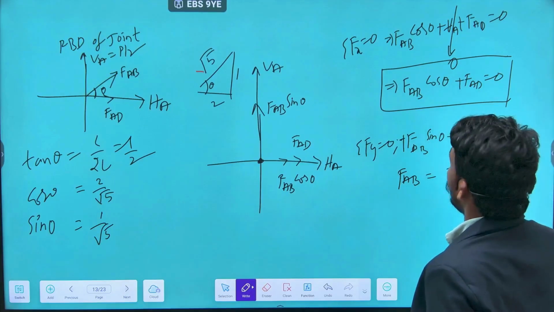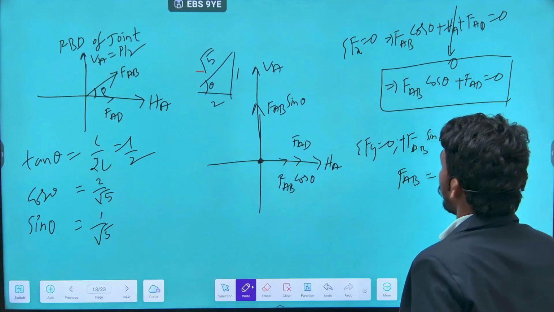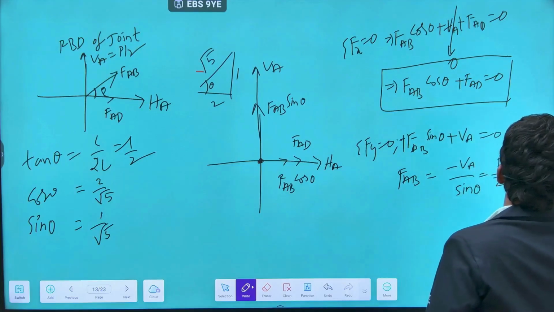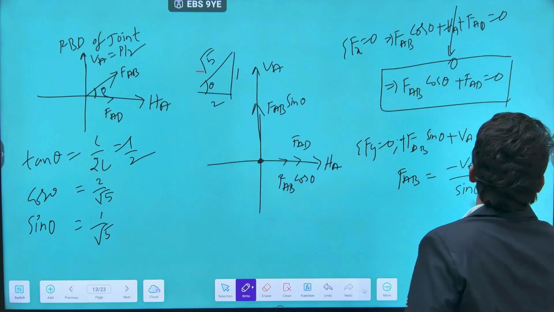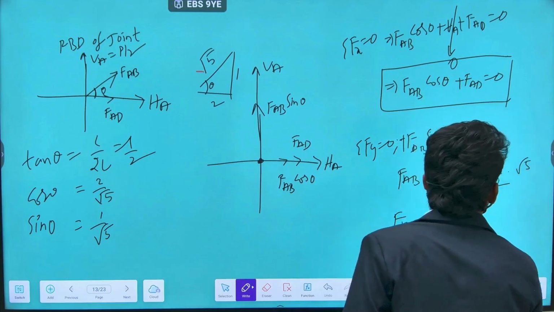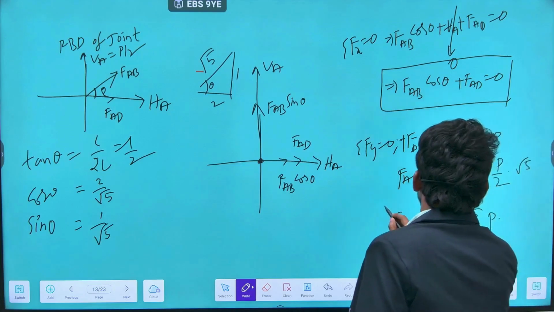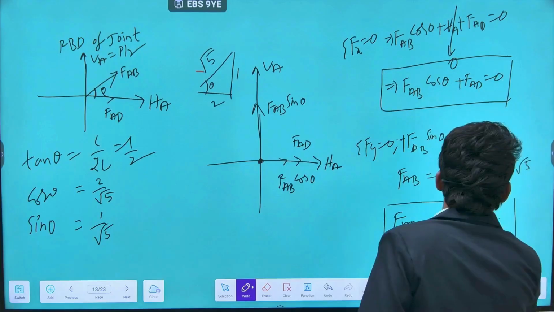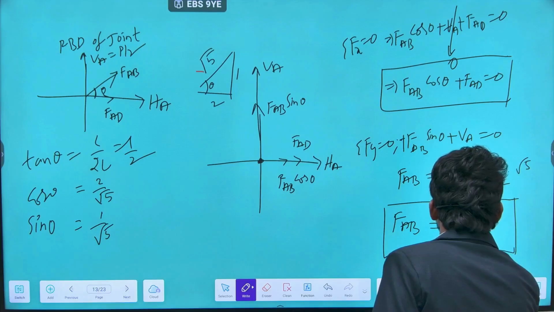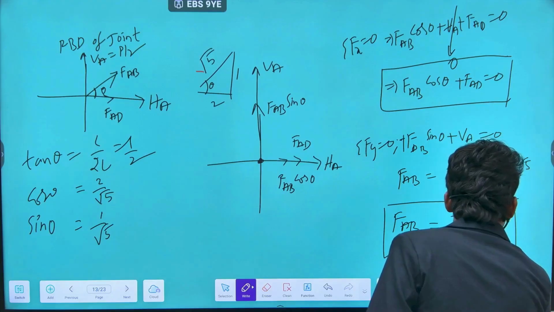VA is P by 2, sin theta is 1 by root 5, so 1 by sin theta is root 5. So FAB equals minus root 5 by 2 P. Again, I got a negative value. It means FAB equals root 5 by 2 P compression.